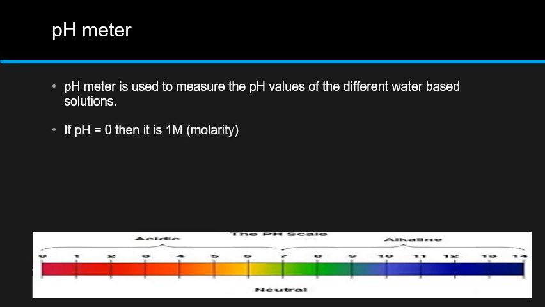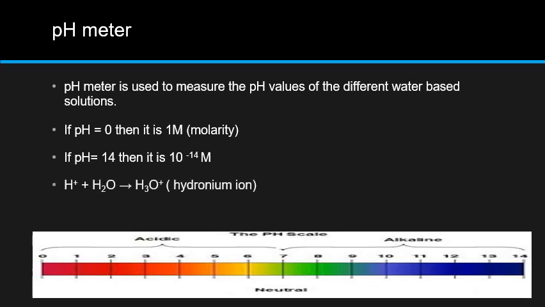If the pH is 0, its molarity is 1, so it is a highly concentrated substance. And if the pH is 14, its molarity is 10 power minus 14. Remember. If water is added to an acid, what is present in the acid?